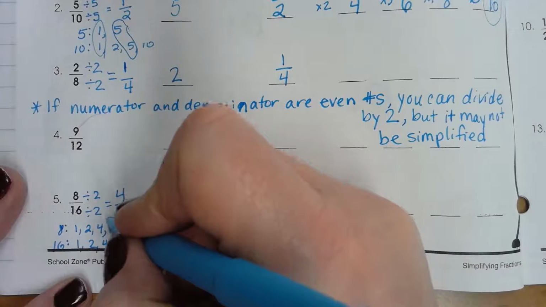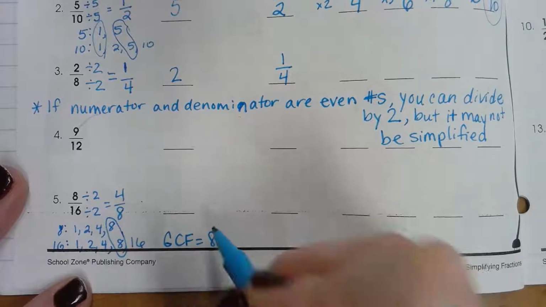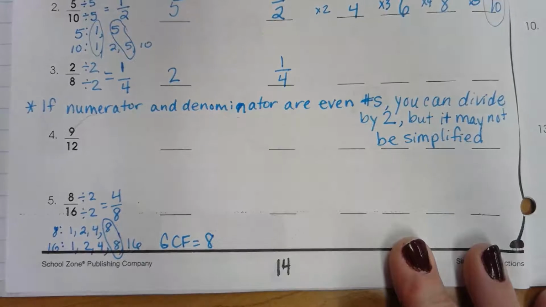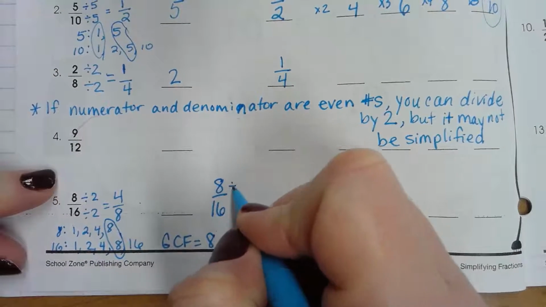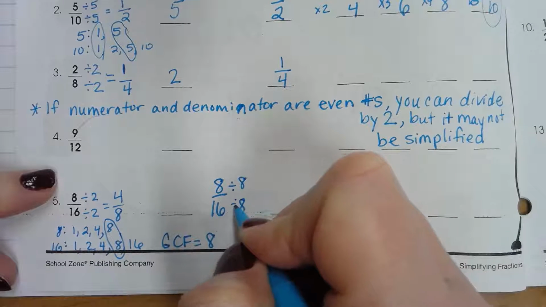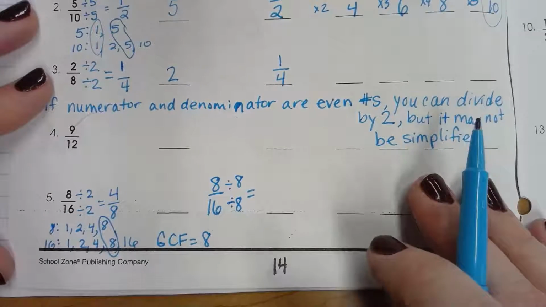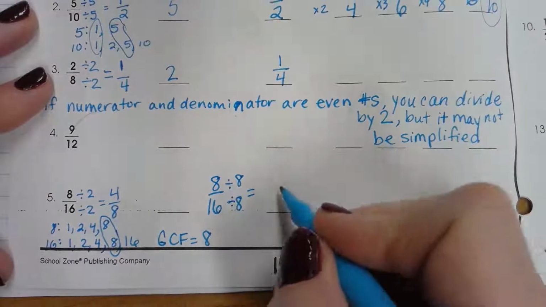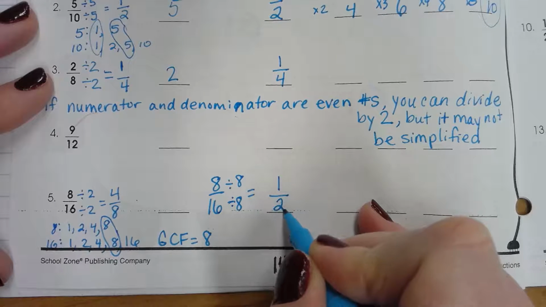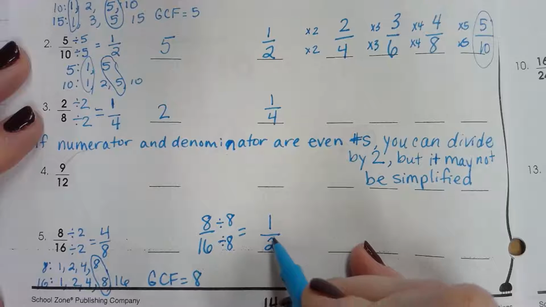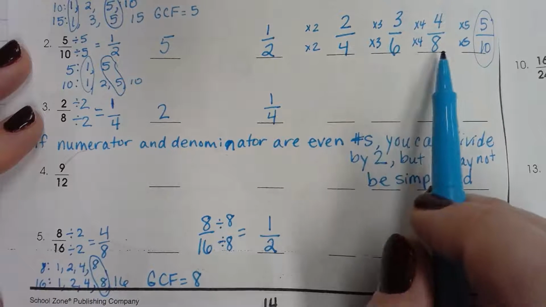The greatest common factor is 8. So had I taken 8/16 and divided by 8 at first, I would get my simplest form. 8 divided by 8 is 1. 16 divided by 8 is 2. And notice, look, 1/2 here, because when I divided by 2, I got to 4/8, which was, see up here?